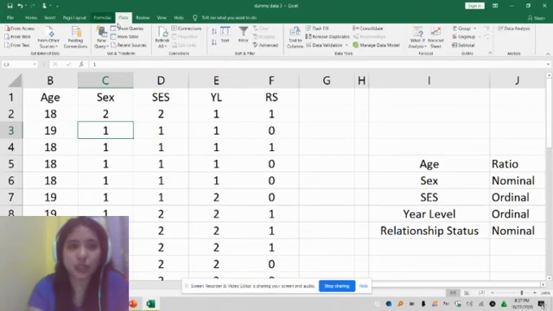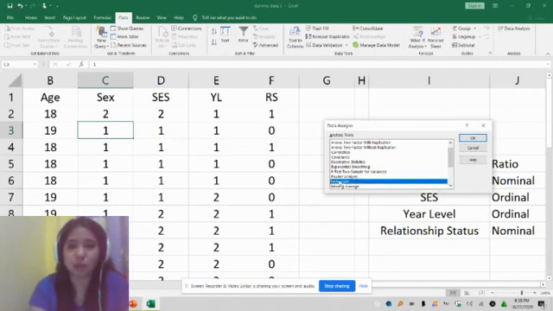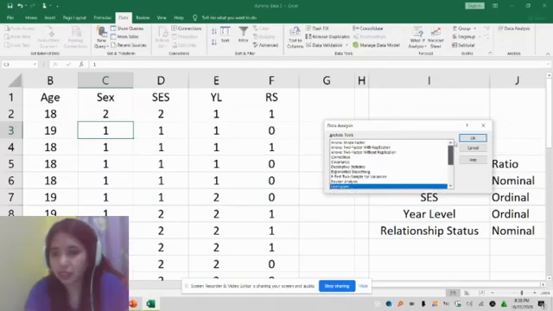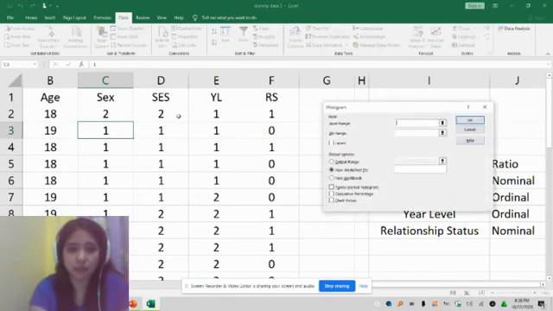We have to go to data analysis, and we will do the same process as in constructing, and then click histogram. As you can see here, there's only one chart considered, and that is the histogram. And then click OK. Our input range is the age.